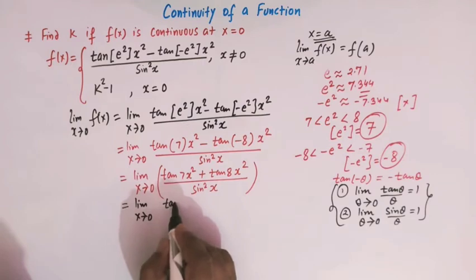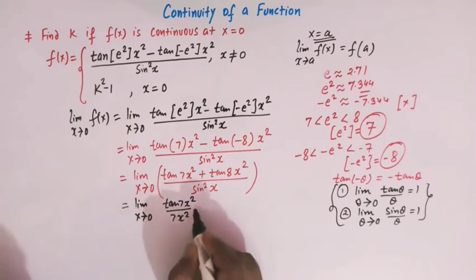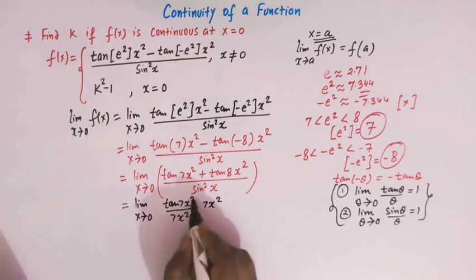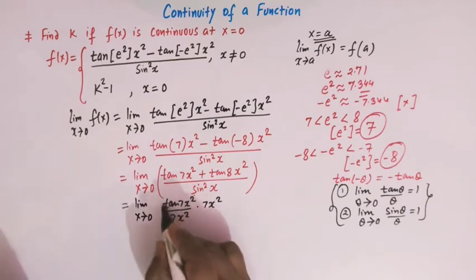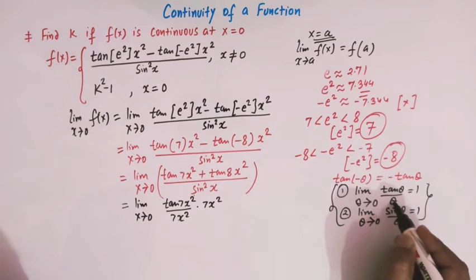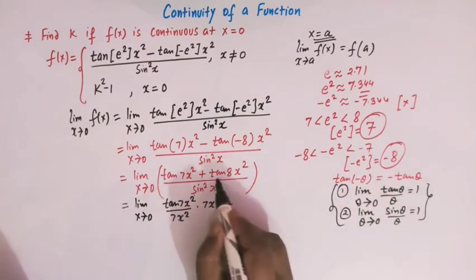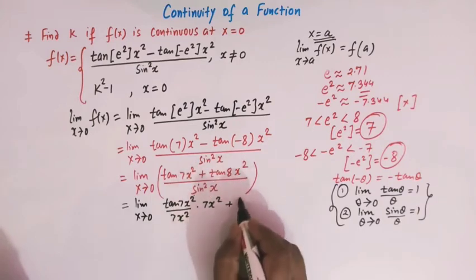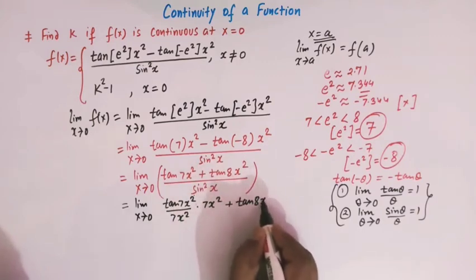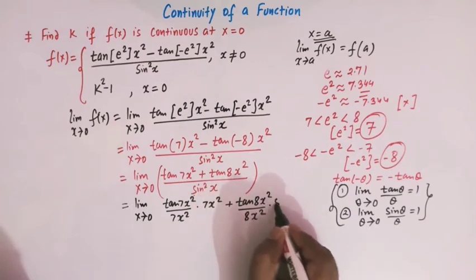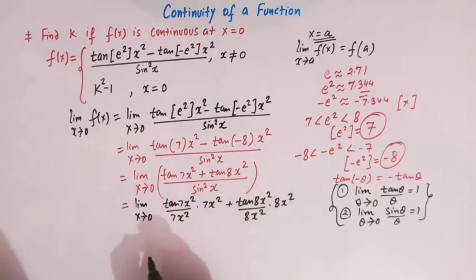See here, tan 7x square can be written as tan 7x square, and we can write here 7x square, and then we can multiply it by 7x square, right? So that we get this term, that is tan theta over theta. And similarly we'll do the same thing with this term, that is tan 8x square over 8x square, and here we can multiply by 8x square, right?